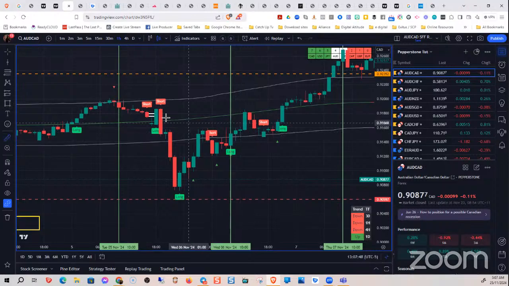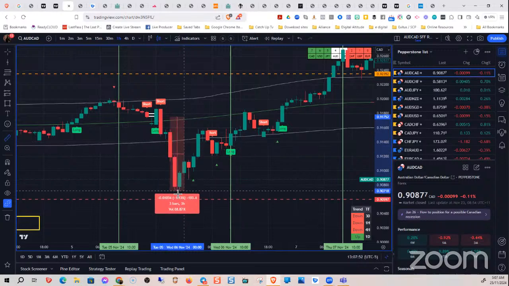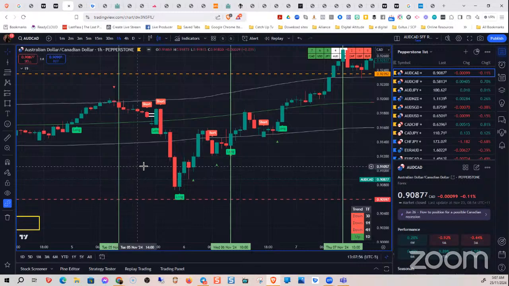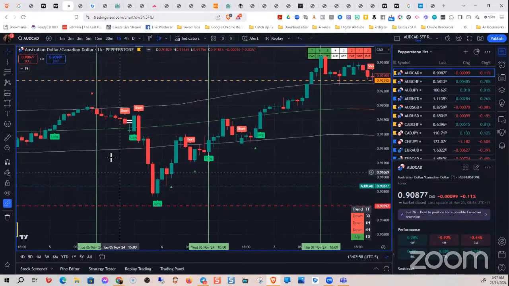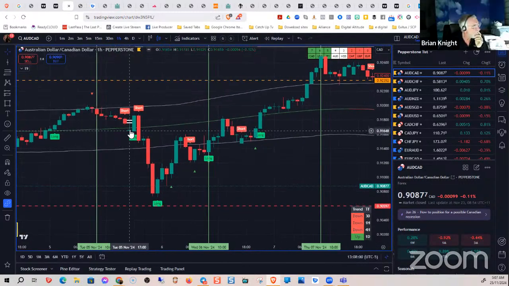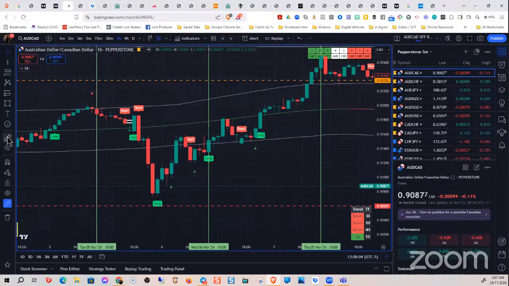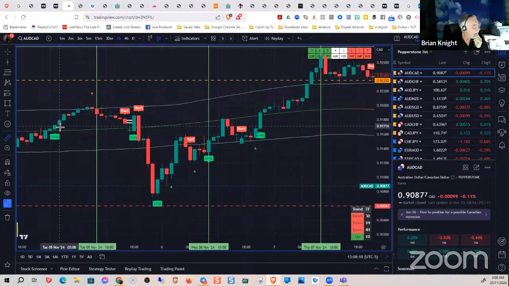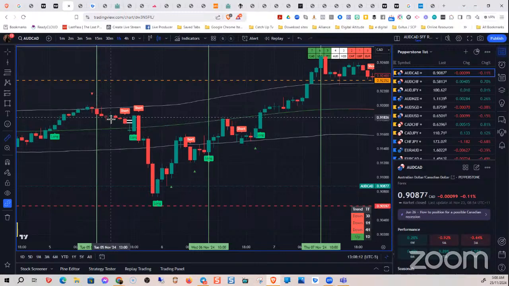Well, yeah, so your entry would be, if you're looking at the fair value gap, the bottom. Do you see the little green wick? Yeah, the top of the green wick would be your entry. Yeah, that's what I was saying. Okay, and then you see the other green wick to your left, where it says short? Yeah, that one right there.